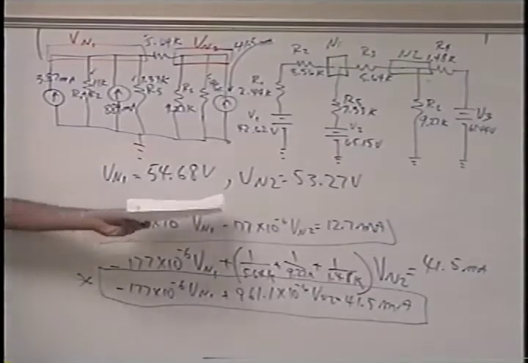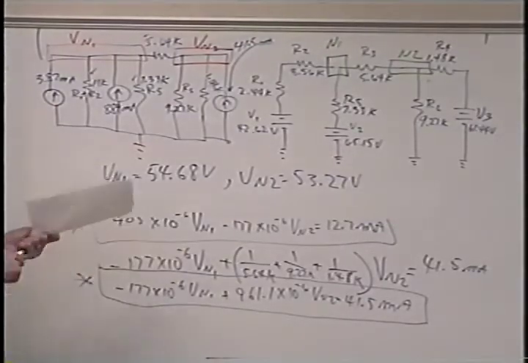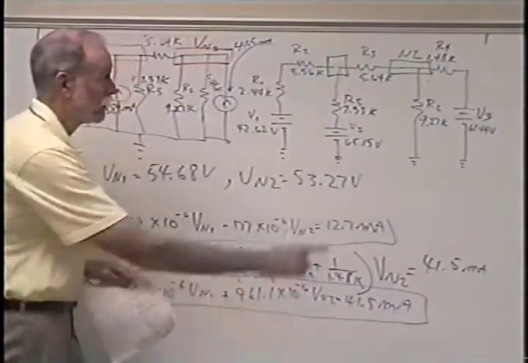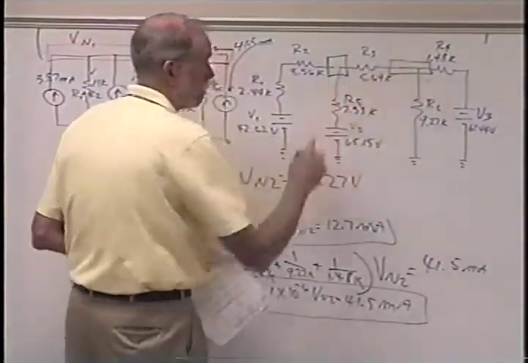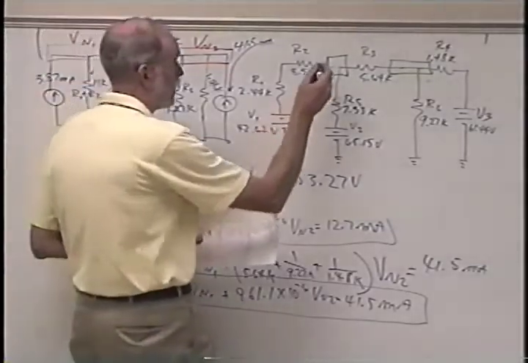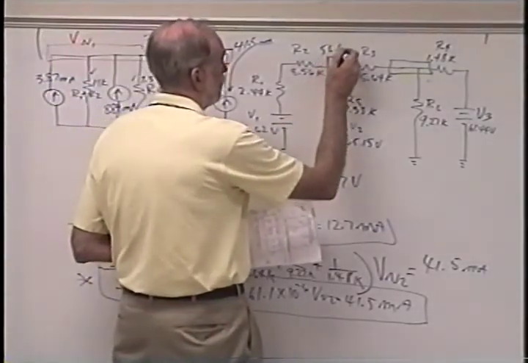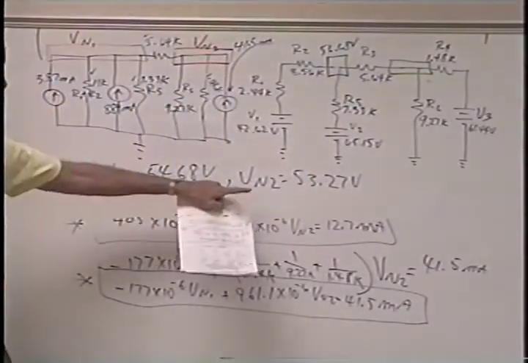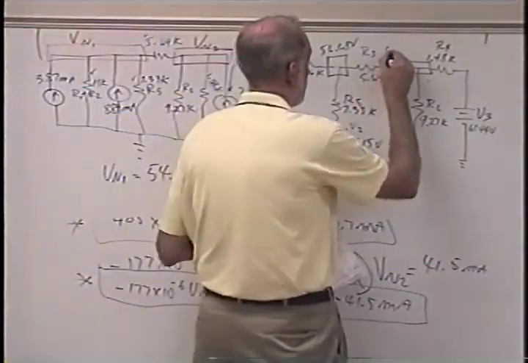Once I've got my node voltages, I am going to put them back on the original circuit and use my original circuit to solve for the rest of the voltages and currents. So I'm going to write up here 54.68 volts and 53.27 volts.